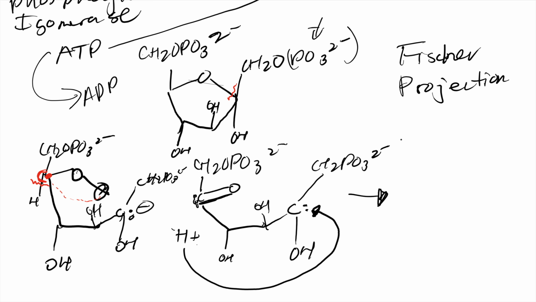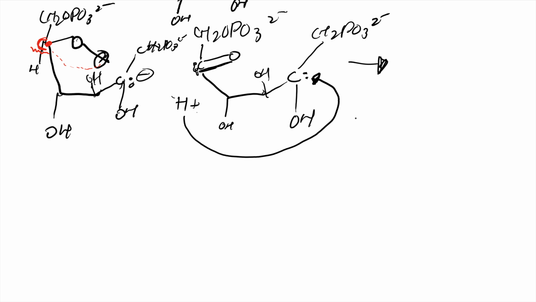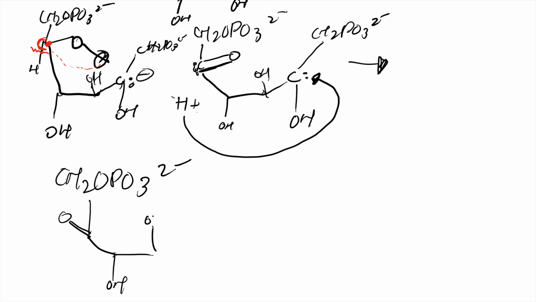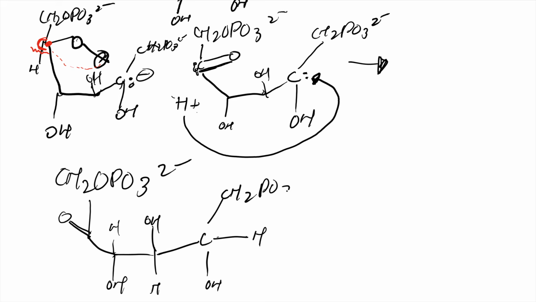So we end up with something looking like this. We get this CH2O PO3 2 minus, then we got this OH here, we get this OH going up, and of course there's the hydrogens here, and now this right here makes a CH bond, here's the OH bond, and we get that.